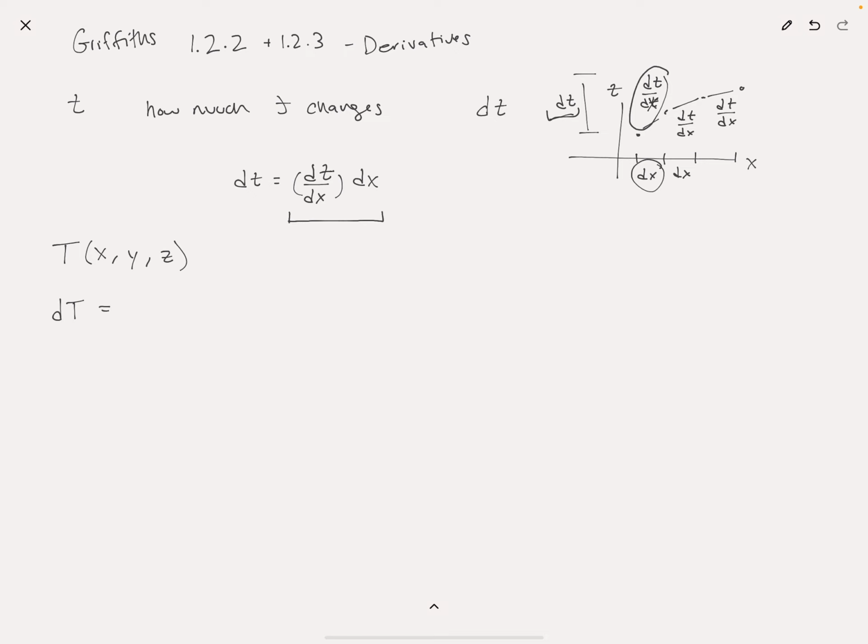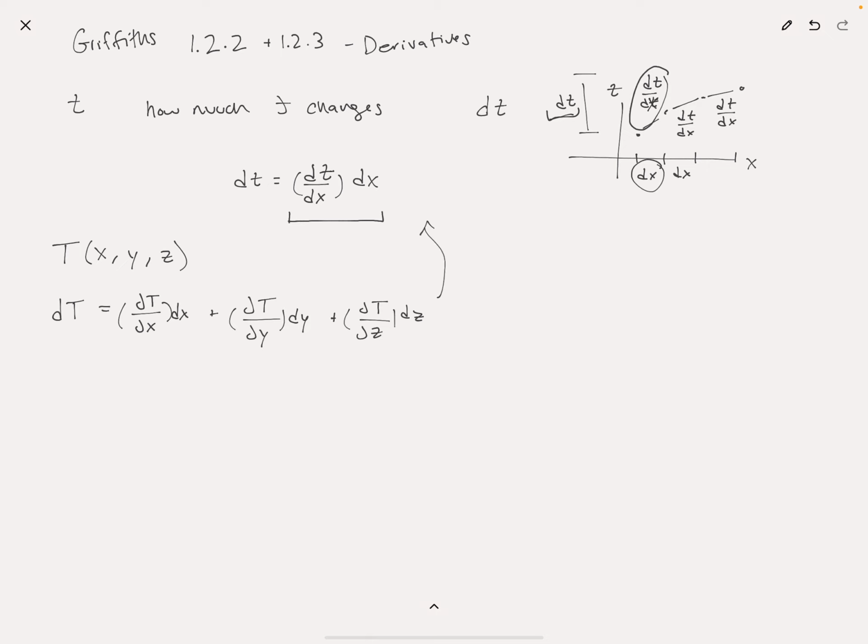This is a theorem of partial derivatives that you might have seen in the past. I can take the partial of my function with respect to x and multiply it by how much I've changed in x. I can then do the partial of my function with respect to y and how much it changes in y, and the partial of my function with respect to z and how it changes in z, just like I did in the 1D case.